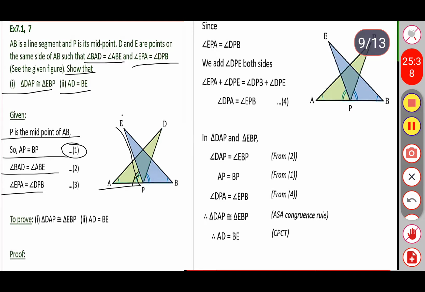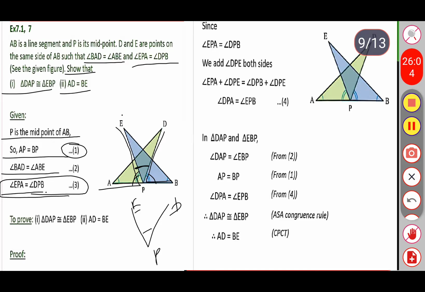So we have one more angle here. In between the two angles we have one more angle, that is angle EPD. We need to add the angle EPD to both sides of the third equation.